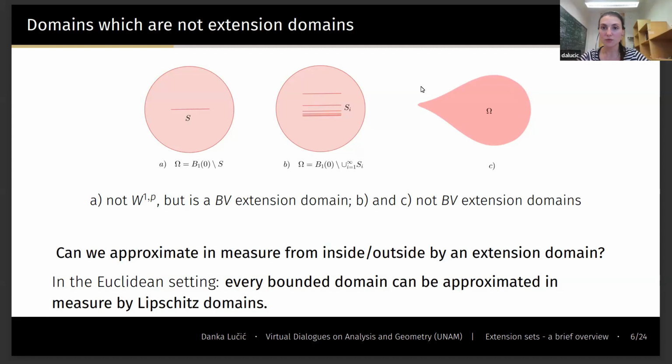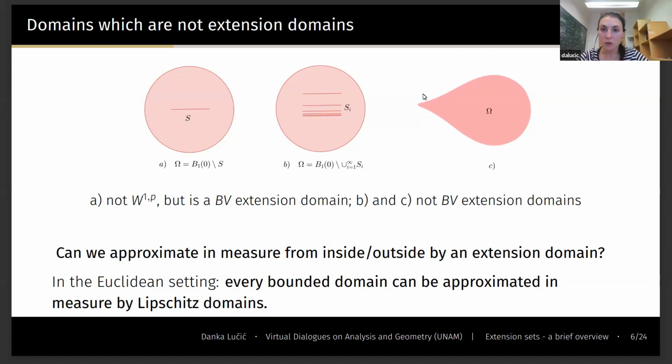Another example of a domain which is not a BV extension domain, that one can see by just looking at this geometric characterization by the quasi-convexity of its complement, is this cusp domain.